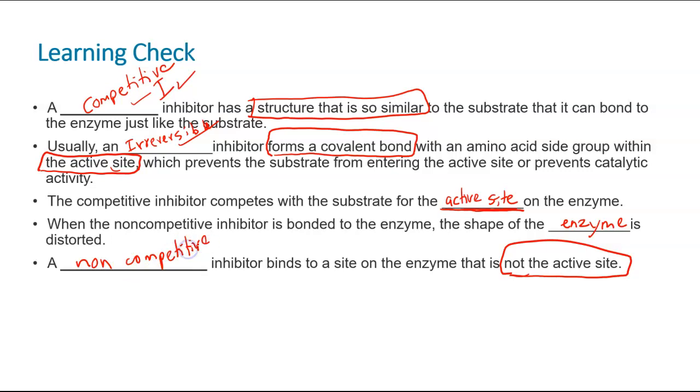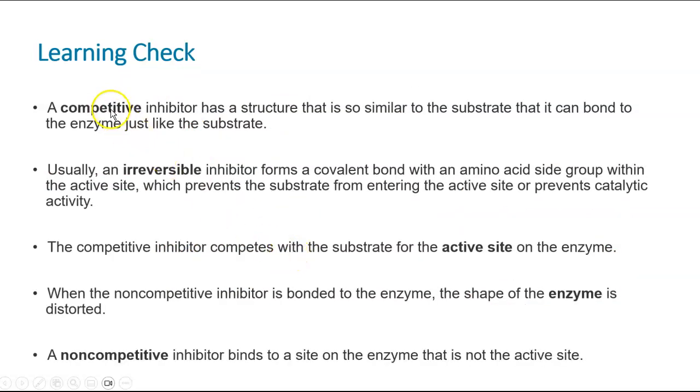Okay, if you figure this out, then you are good with the inhibitor mechanism. Okay, so let's check our answers. Competitive, irreversible, active site, enzyme, and non-competitive inhibitors. So these are the answers.